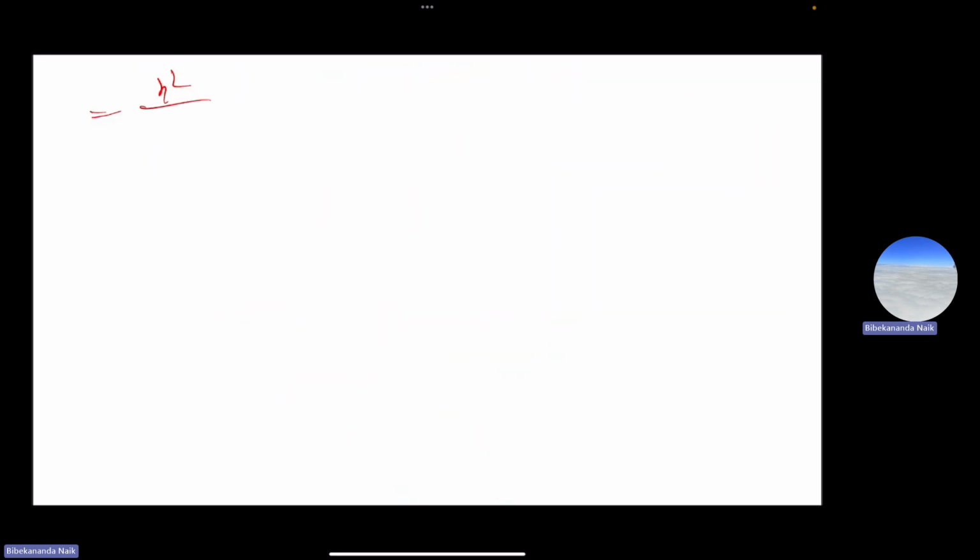So h square by 4 m a square times 1 plus 4 plus 9 plus 16 plus 25. So 25 plus 16 is 41, and 41 plus 14 is 55.